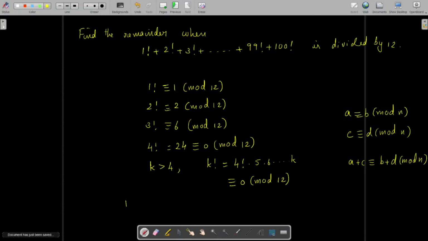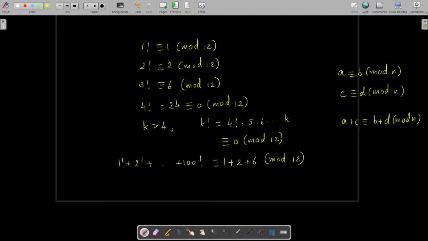So we can write 1 factorial plus 2 factorial plus etc. plus 100 factorial is congruent to 1 plus 2 plus 6 mod 12, or this is congruent to 9 mod 12. So the remainder obtained when the sum 1 factorial plus 2 factorial plus etc. plus 100 factorial is divided by 12 is 9.